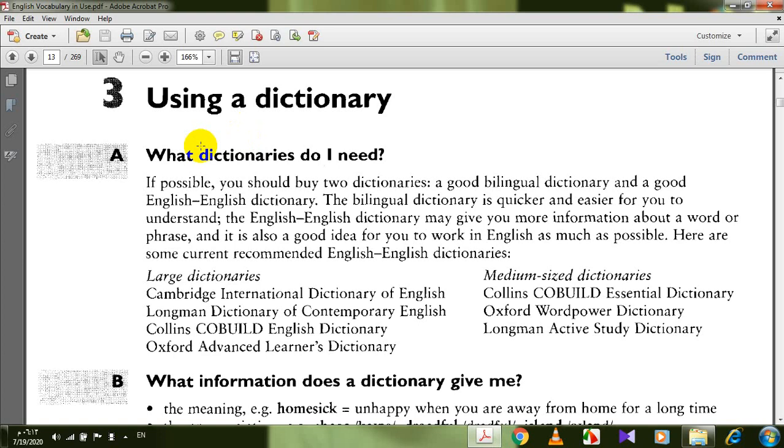Lexicography means the theory and the practice of writing dictionaries. And lexicographer is the person who writes dictionaries. Okay? So we have lexicography, and lexicographer.